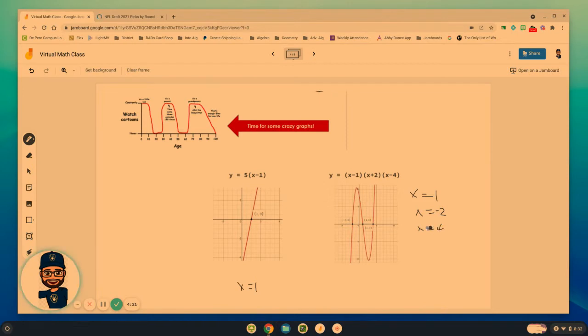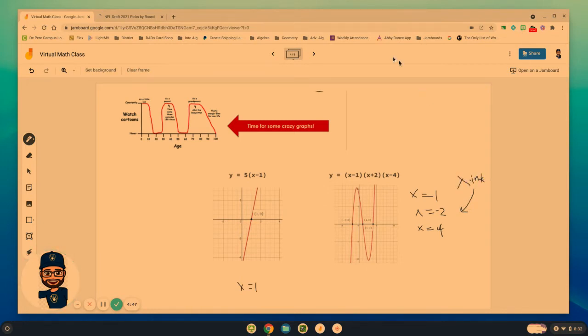And if you look at the graph, that certainly is what is happening. An intercept at 4, an intercept at 1, and an intercept at negative 2, and the graph just bends and changes directions a couple different times.